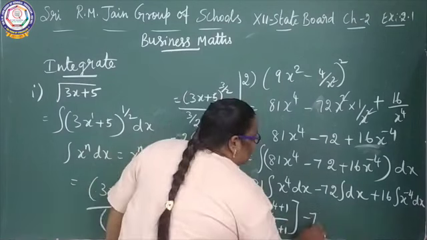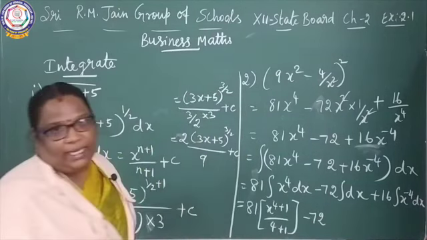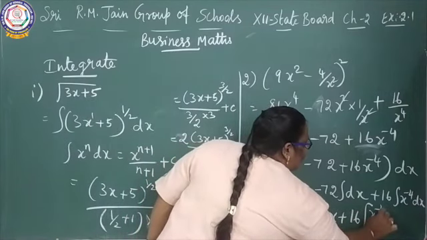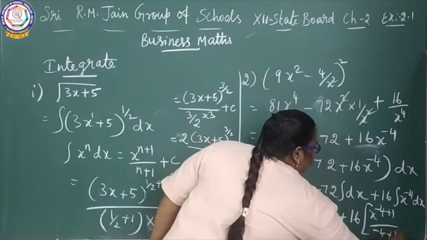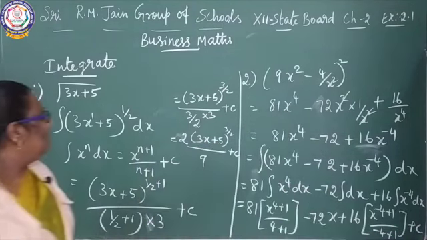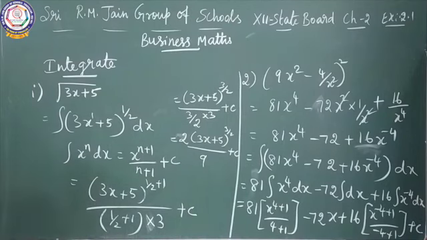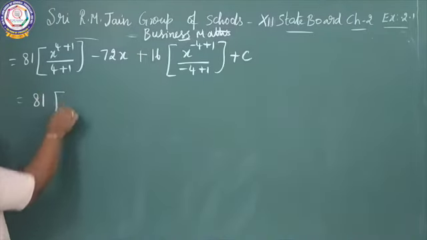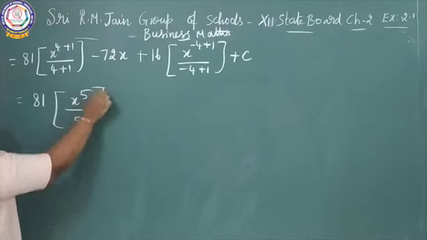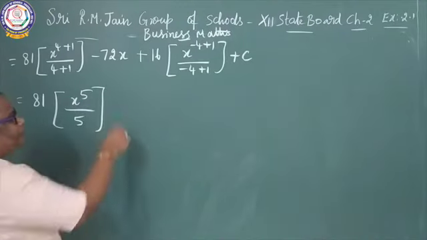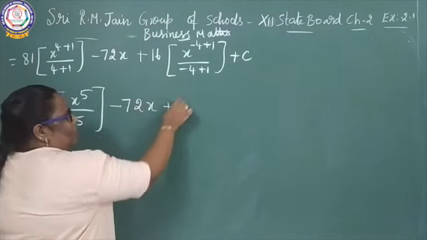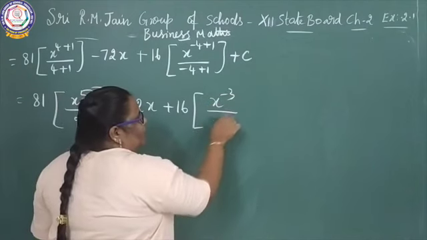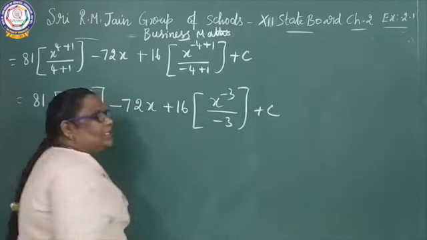Minus 72 into integral dx, that is always x, plus 16 into x power minus 4 plus 1 by minus 4 plus 1, plus c. So 81 into x power 5 by 5, minus 72x, plus 16 into x to the power minus 3 by minus 3, plus c.